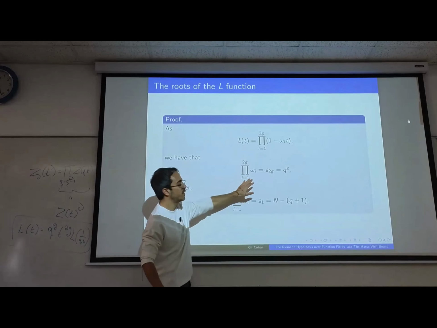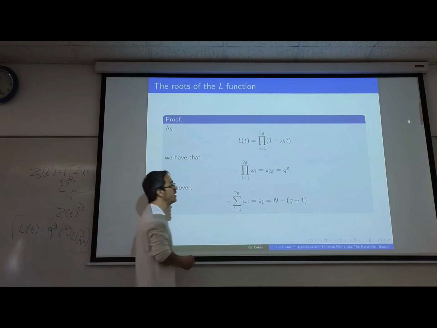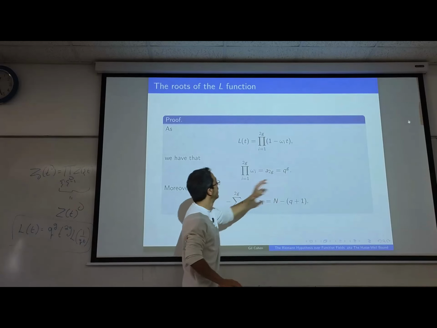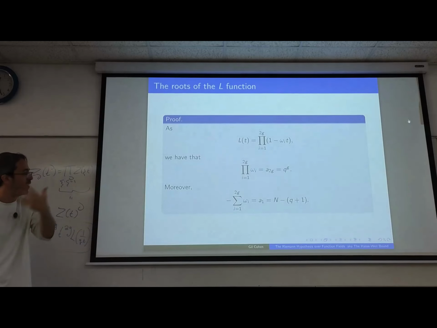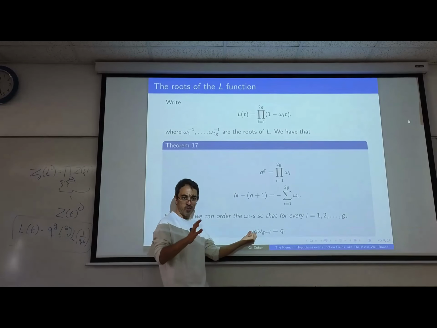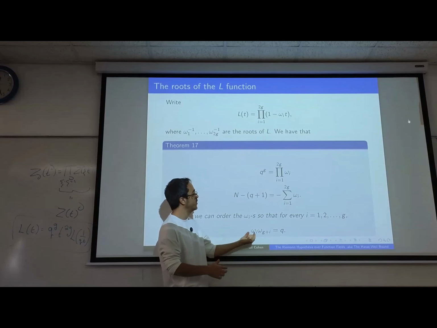So it is indeed the coefficient of t to the 2g, and we said that the largest coefficient is q to the g. By the way, what we are revolving around, even before saying that the omega i's have modulus square root of q, is that I'm telling you more and more stuff that is related to that.